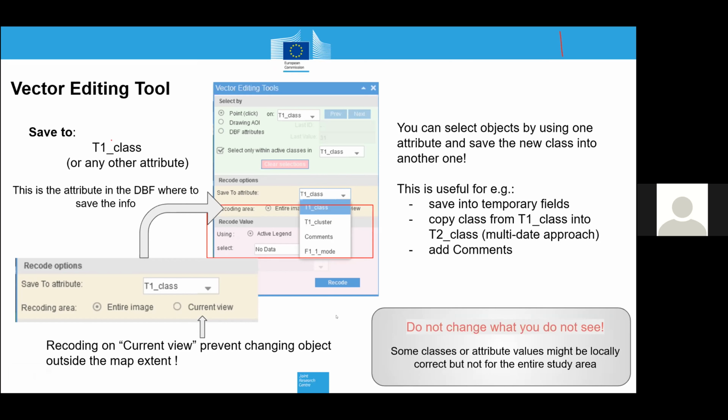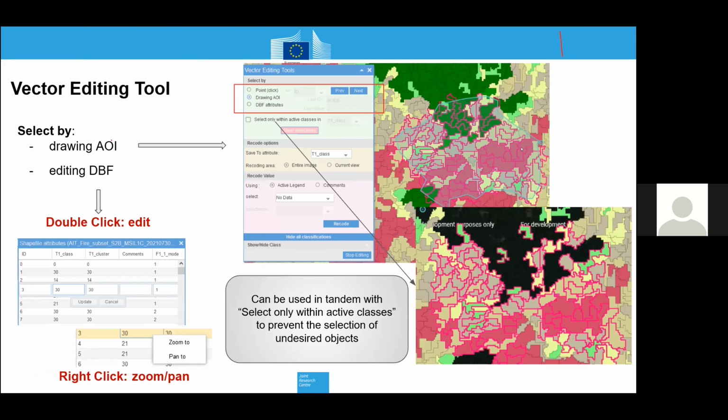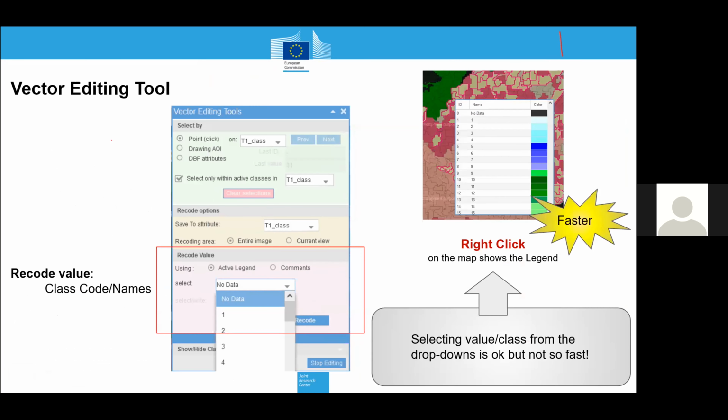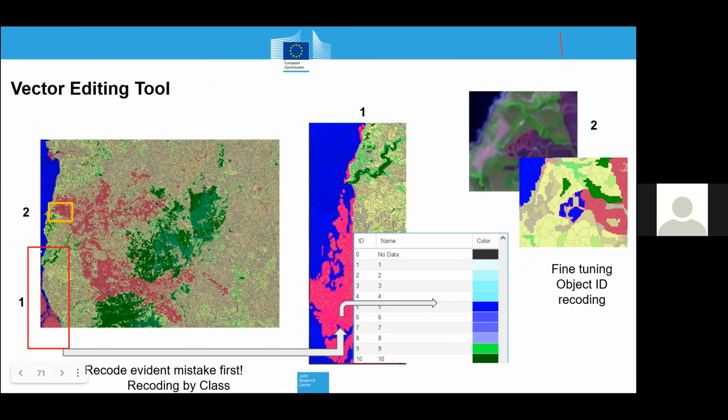So if you don't see polygons because they are outside the map extent, the common mistake is to keep recoding objects from one class to another without being sure of what you are doing, because you don't see the actual amount of polygons. So the vector editing tool, first step, select an area.